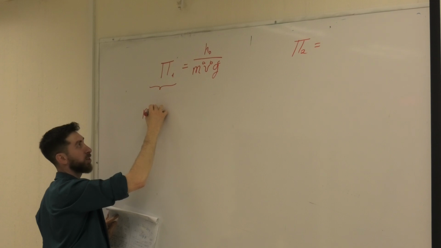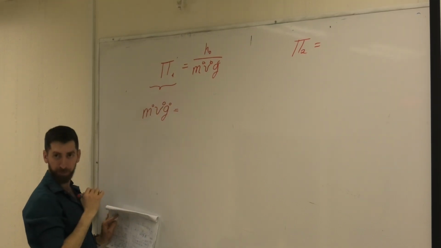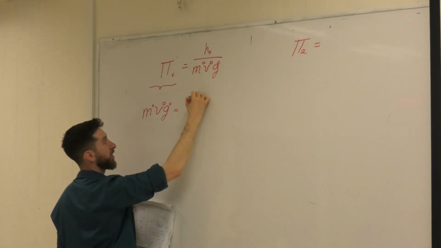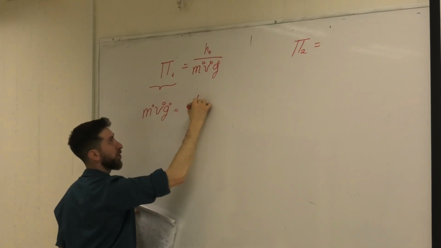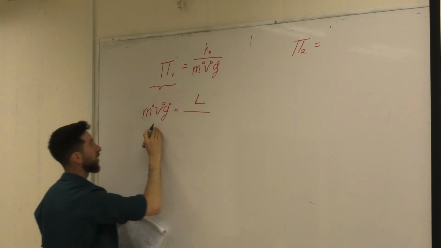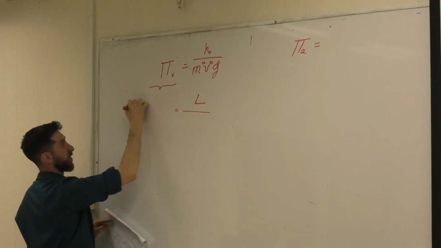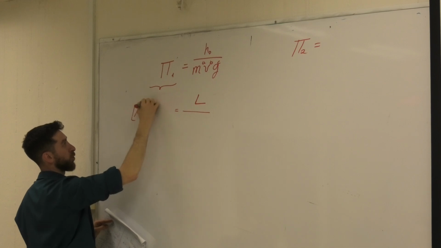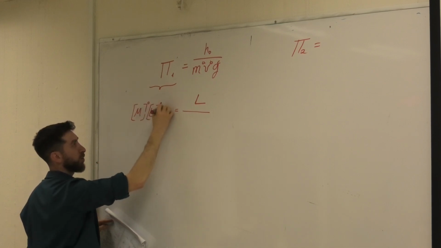M is to the power of 0, V is to the power of 0, G to the power of 0. Okay? So on the other side, let's write that even better. We have units of length, mass to the power of 0, length to the power of 0, and time to the power of 0.